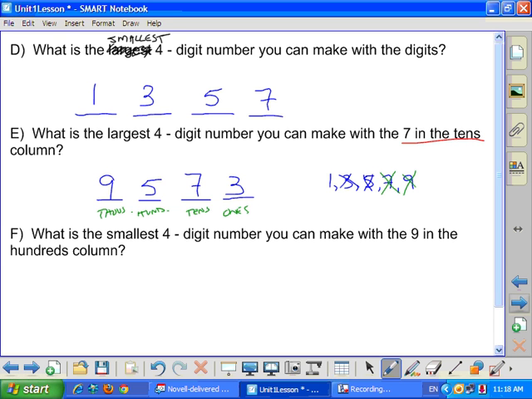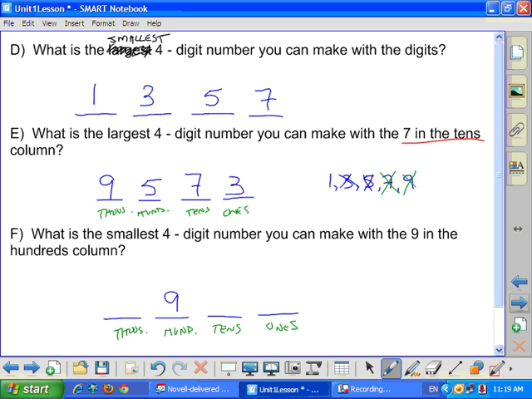Last example here, finishing things off. What's the smallest four-digit number you can make with the 9 in the hundreds column? Again, I'll just write it out quick so you can see ones, tens, hundreds, thousands. It tells me I have the 9 in the hundreds column.